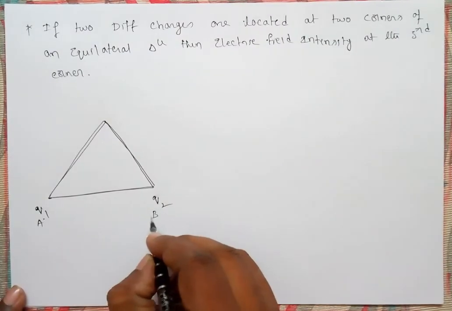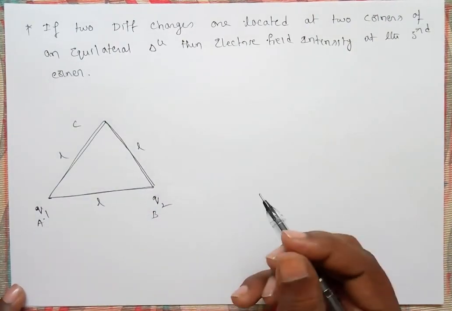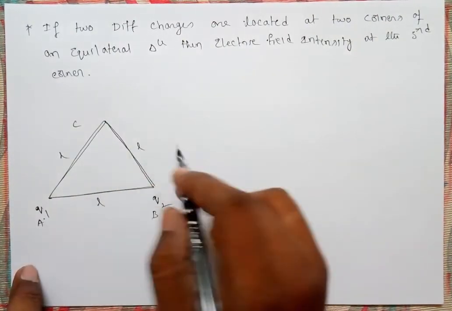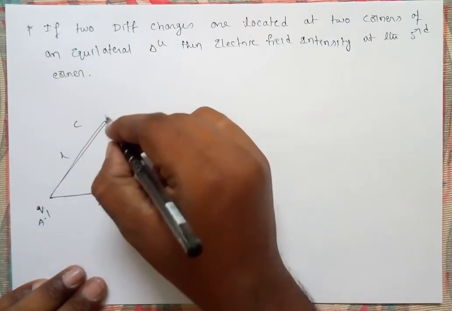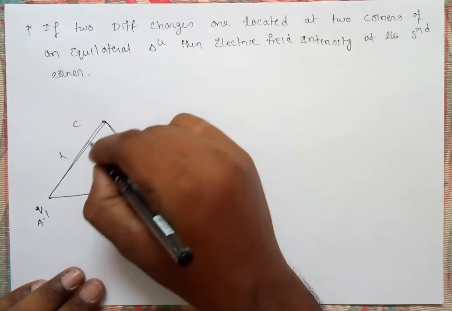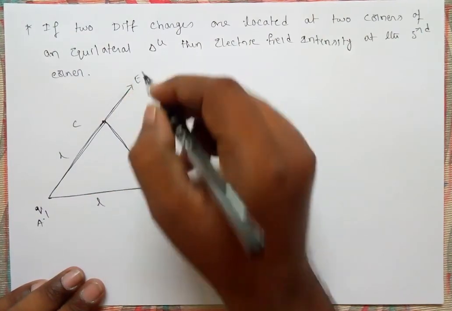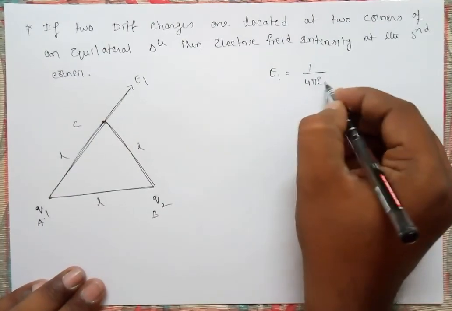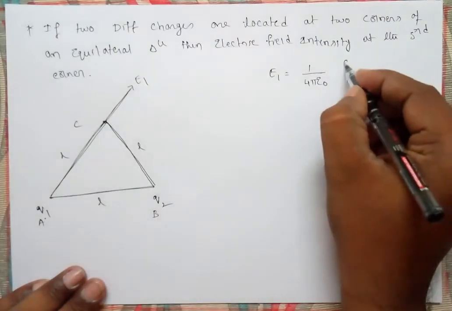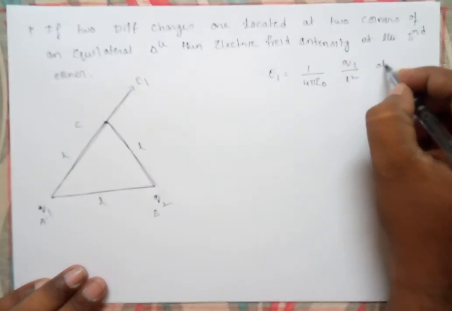Let us take them as A, B, C, and I am taking the equilateral triangle of the same length. Then the electric field intensity due to this charge Q1 at this point C is away from it. So this is E1. That E1, we know the expression, is 1 upon 4 pi epsilon naught into Q1 by L square, along AC.